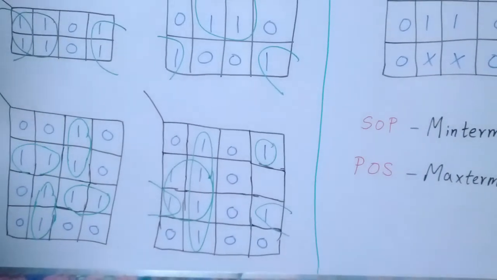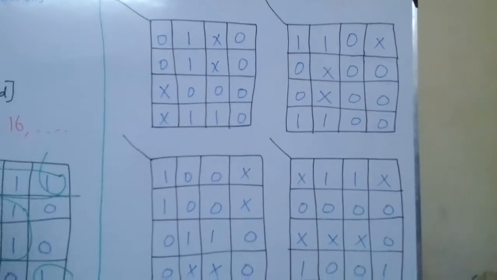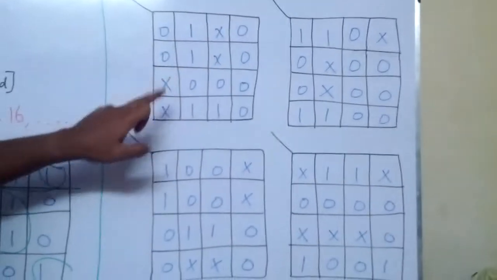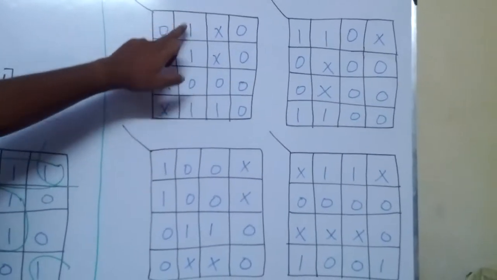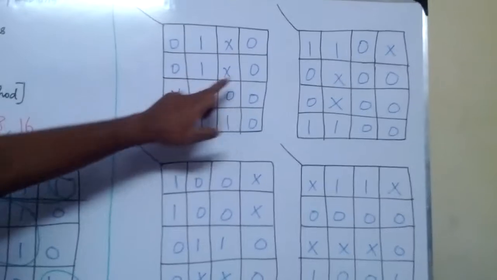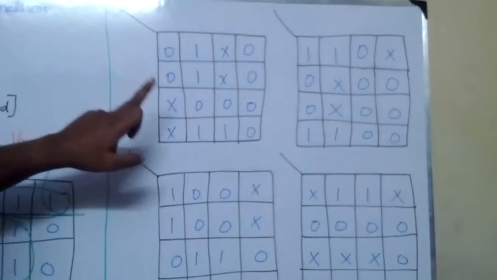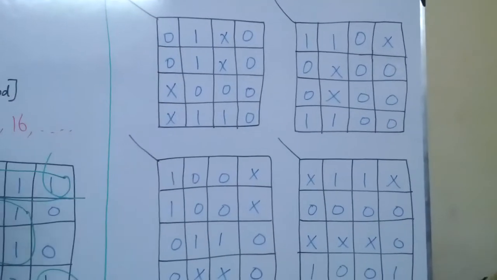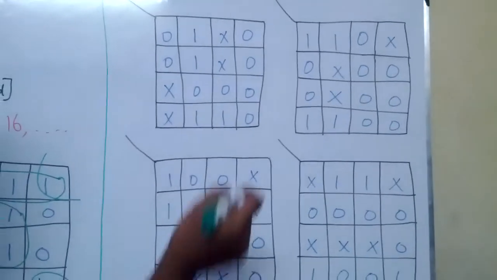Okay. Now coming to grouping with don't cares. Don't cares are marked as X or D in some textbooks. We can treat the don't care either as a 0 or a 1, whichever gives you the minimum Boolean expression. So when you look at this, as soon as you see this, what have we done?